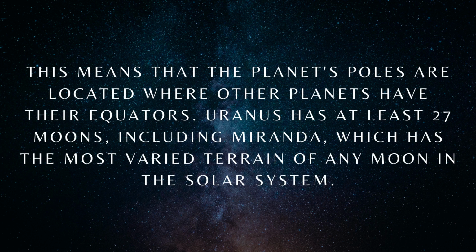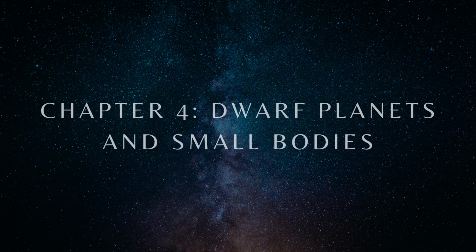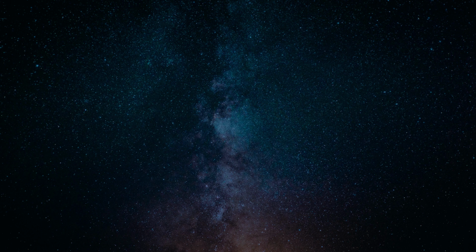This means that the planet's poles are located where other planets have their equators. Uranus has at least 27 moons, including Miranda, which has the most varied terrain of any moon in the solar system.